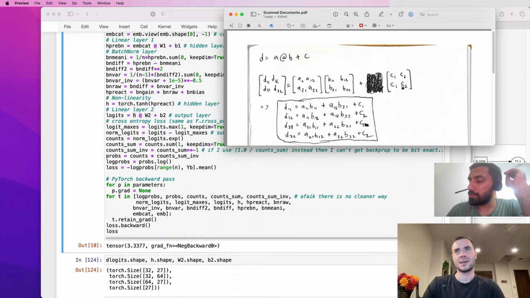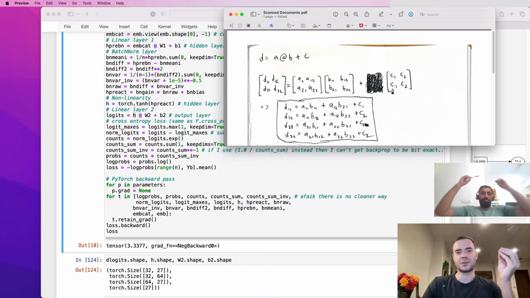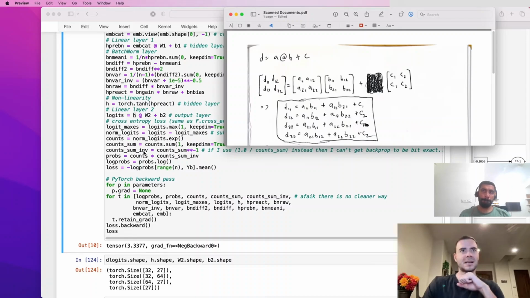Now, notice here that I have a bias vector here called C, and the bias vector is C1 and C2. But as I described over here, that bias vector will become a row vector in the broadcasting and will replicate vertically. So that's what's happening here as well. C1, C2 is replicated vertically, and we see how we have two rows of C1, C2 as a result. So now when I say write it out, I just mean like this. Basically break up this matrix multiplication into the actual thing that's going on under the hood.